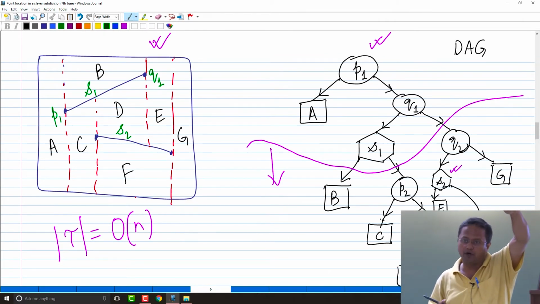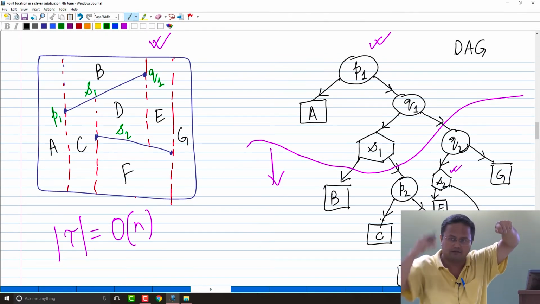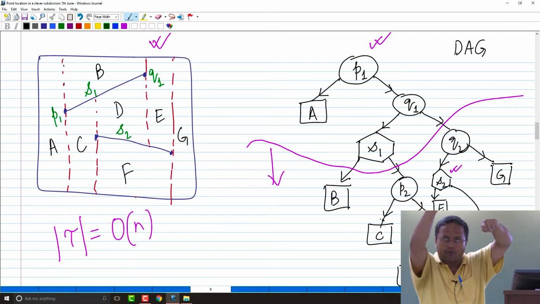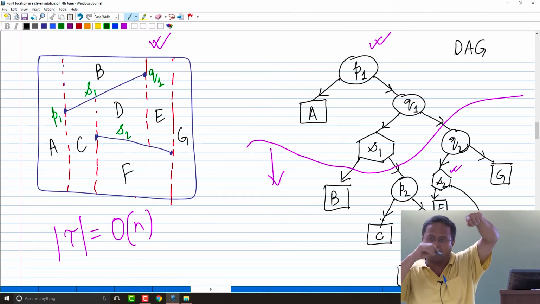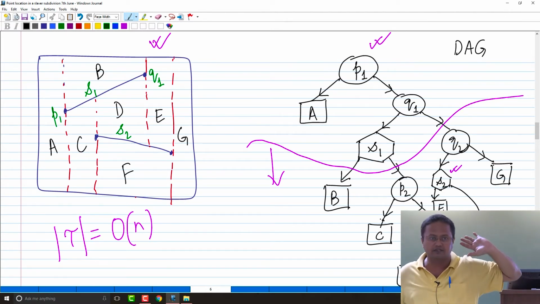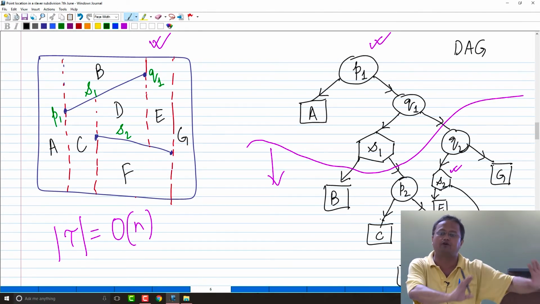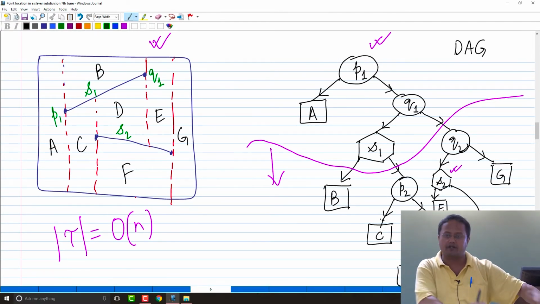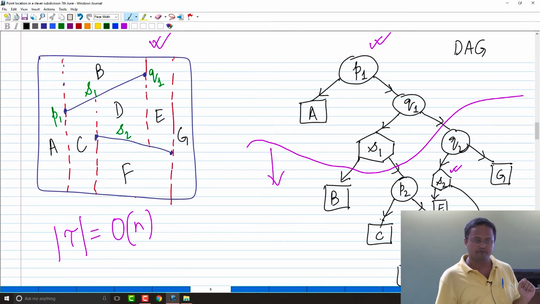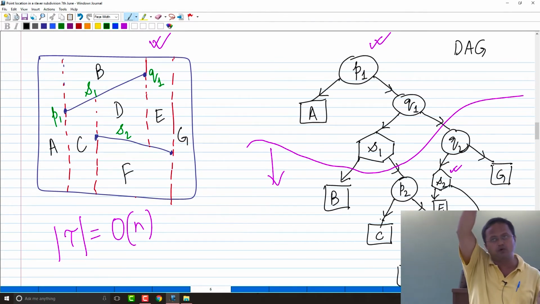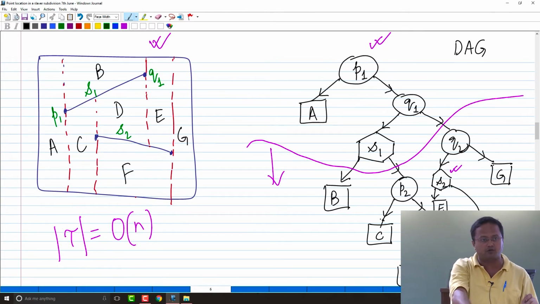So, you look at the point Q. Think of this history. Look at that point Q and consider capital tau I minus 1. It is the trapezoidal decomposition after you have inserted I minus 1 lines. Now, this point Q will trace some path to one of the leaves of this trapezoidal decomposition.